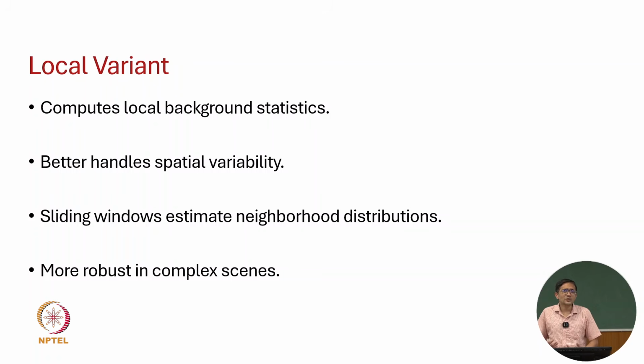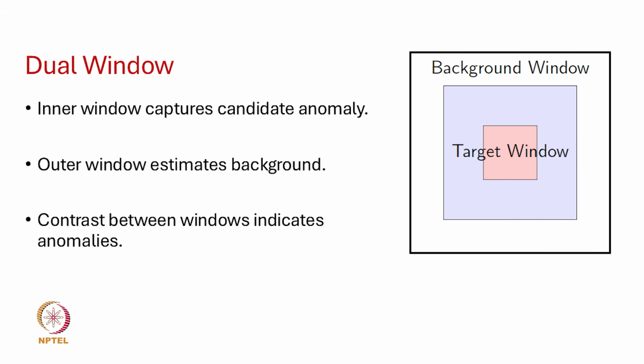Actually, what is more useful is a combination of global and local, which I'm just coming to. Talking about a combination of global and local variation, one can think about a dual window approach. What is a dual window approach?